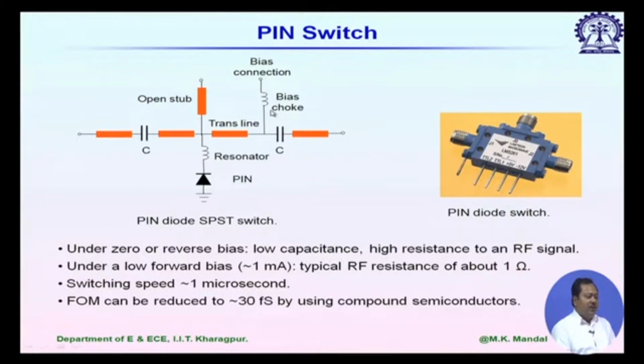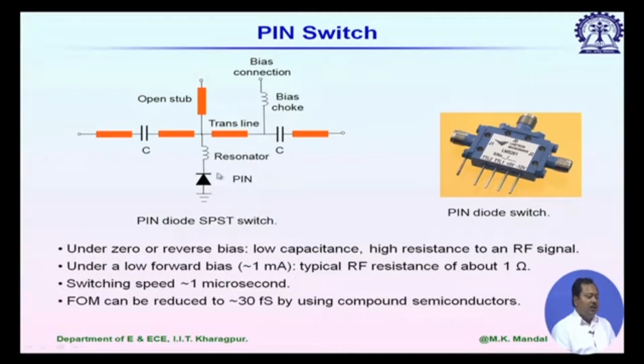This example shows a pin diode being used as a switch. You can identify the pin diode, and with this diode we have some additional components like resistors and capacitors. So, why are they used? Let us say we want to transmit a microwave or millimeter wave signal from left hand side to right hand side, and this is the microstrip line, and this pin diode is being used in shunt configuration.